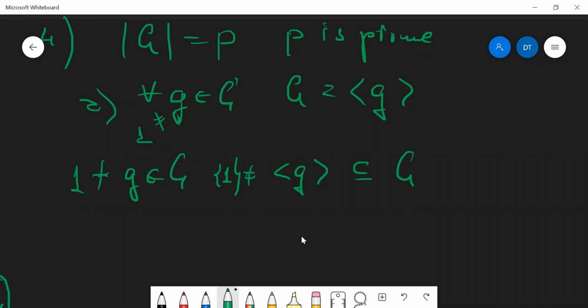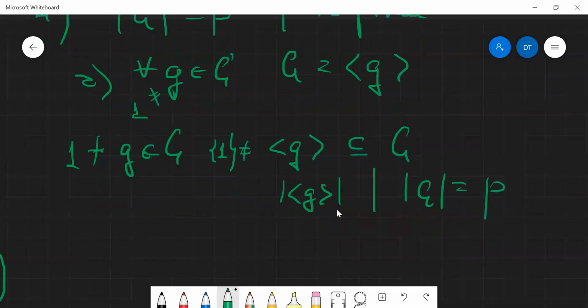But now we know that the order of the subgroup divides the order of G, which is a prime number. But there are only 2 options. This number is either 1 or p. It cannot be 1 because this subgroup contains more than 1 element. So the second option holds.